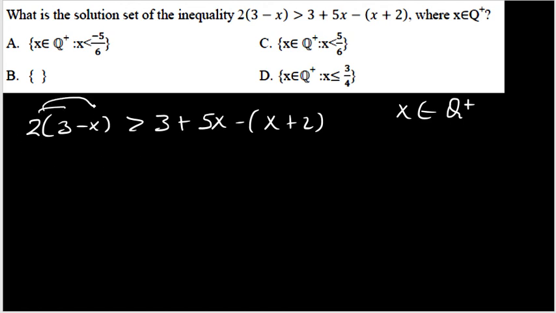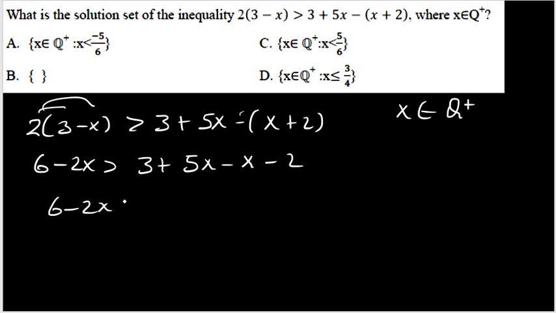The 2 will multiply each of them. 6 minus 2x is greater than 3 plus 5x minus, here the negative only will distribute it. It will be minus x minus 2. And then the left hand side, just 6 minus 2x remain as it is, greater than the right hand side. 5x minus x will be 4x plus 1, because 3 minus 2 will be 1.